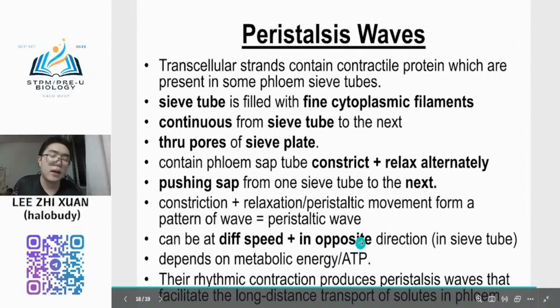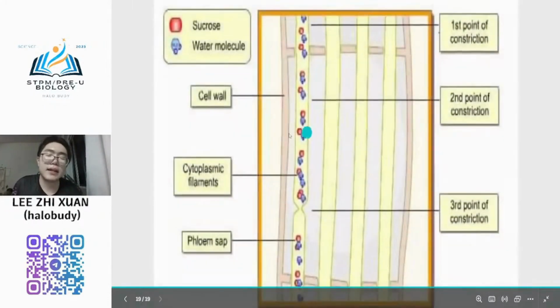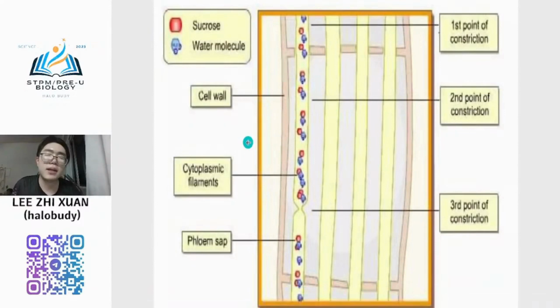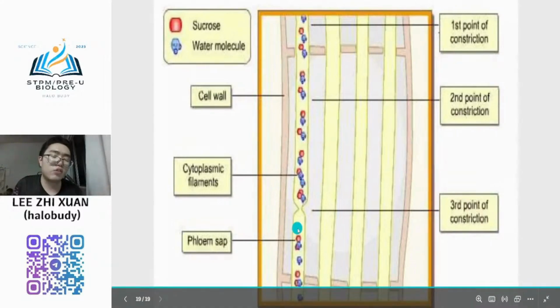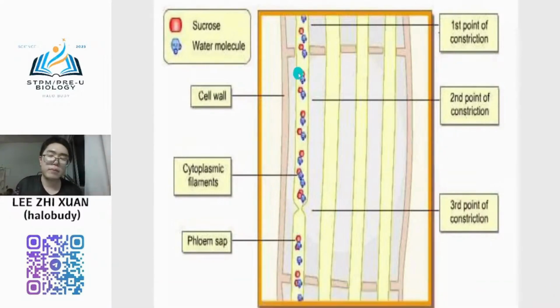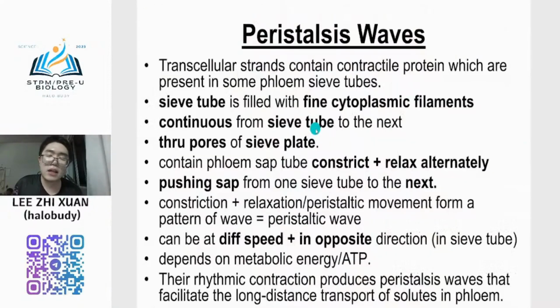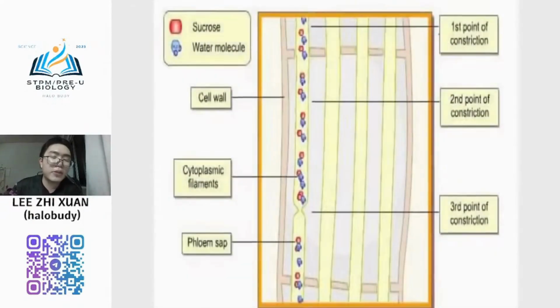So it is like human muscle contraction and relaxation. Here it contracts and pushes the phloem sap from the upper part to the lower part, contracting and relaxing until it reaches the sink. When it contracts and relaxes, it produces the peristaltic wave. So this is the theory about the peristaltic wave hypothesis.